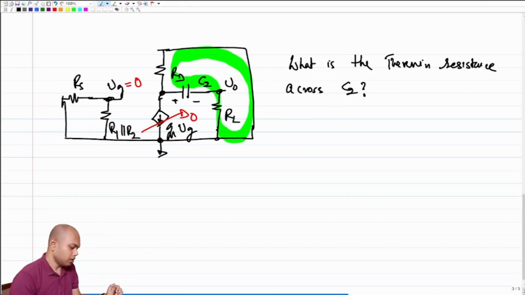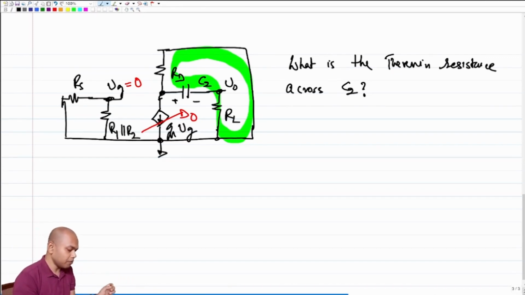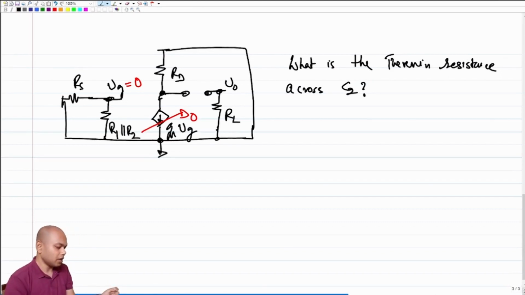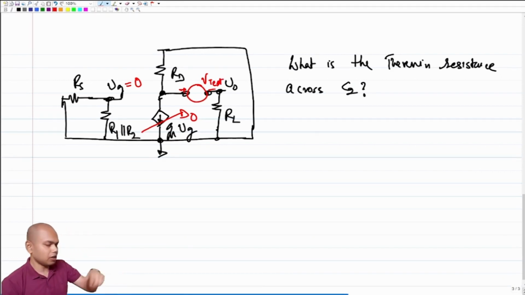Okay, so if you are trying to figure out the Thevenin impedance looking from the capacitance, what are you essentially saying? I am saying that this is the port across which I am trying to measure the resistance. And how do you measure a resistance? You apply a test voltage, Vtest, and I find out what the test current is.